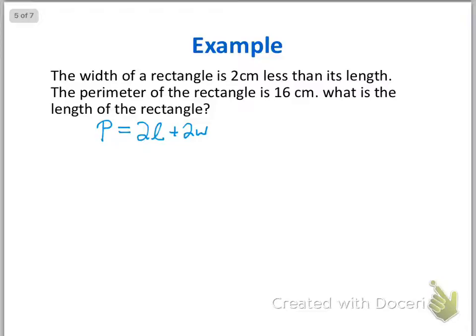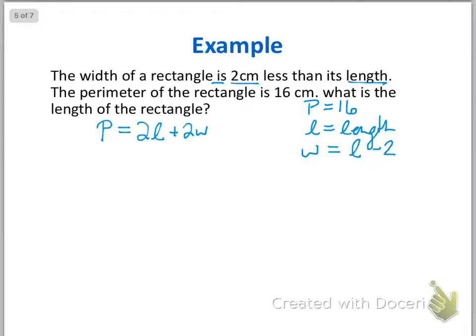And we need to figure out what we know. We know that P equals 16. Take a look at the question. It says, what is the length? We don't know the length. L is our length. And it says the width is 2 centimeters less than its length. So W equals L minus 2.